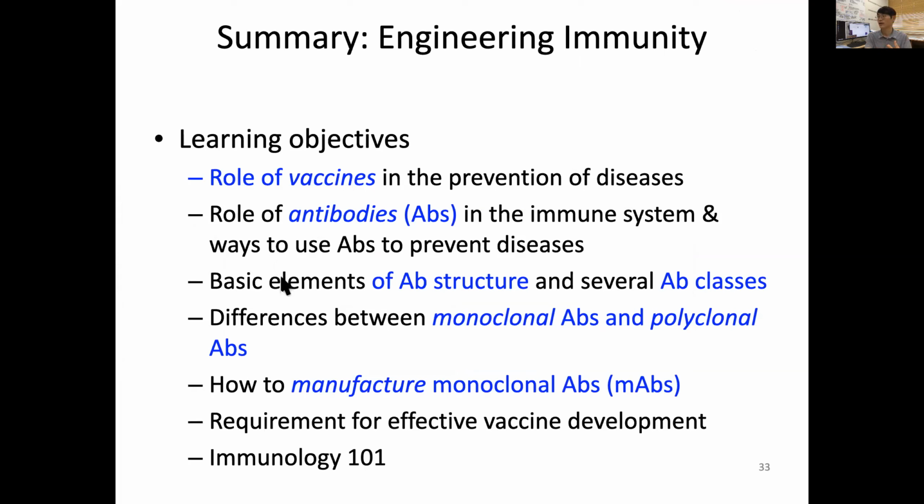We understand antibody structure and the different antibody classes. And we talked about the differences between monoclonal antibodies, which can be used for therapeutic and research purposes, and polyclonal antibodies, and how to manufacture monoclonal antibodies, which led to a Nobel Prize, and the requirements for effective vaccine development.